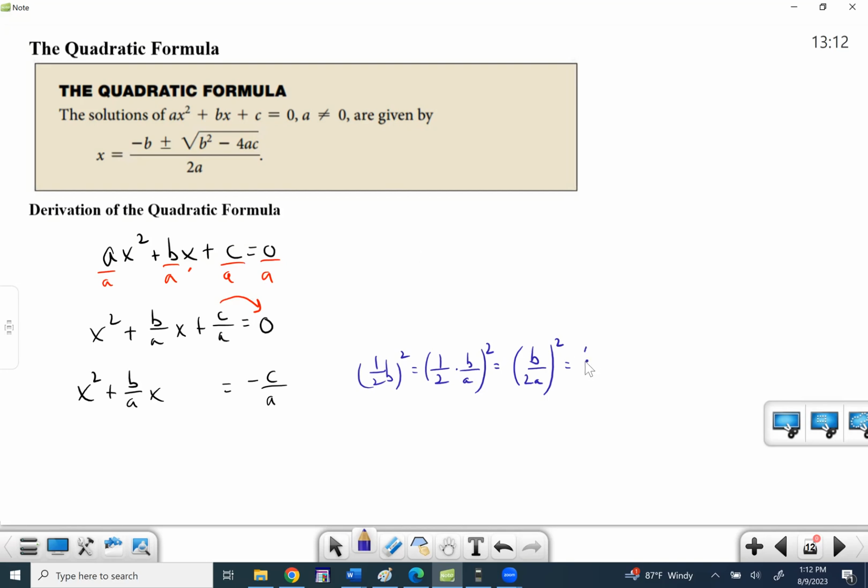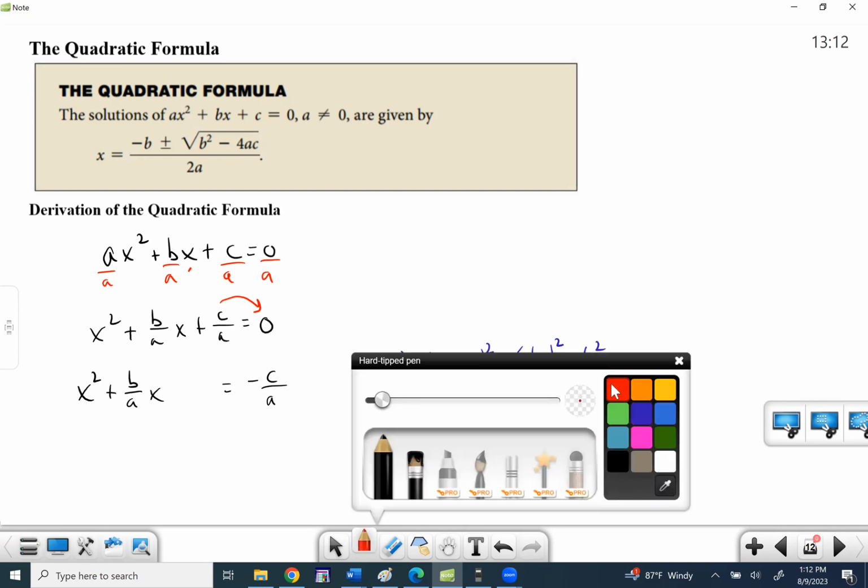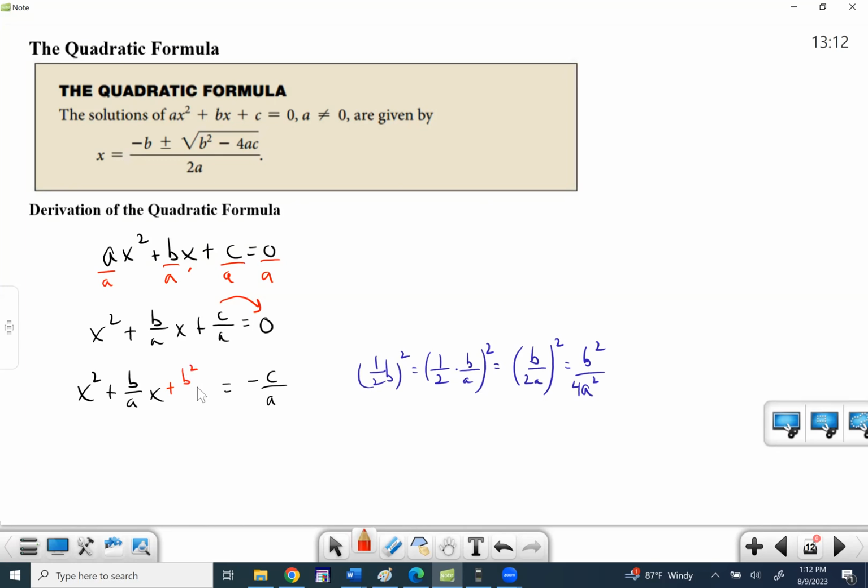So B times B is B squared. 2 times 2 is 4. A times A is A squared. So we've got that we're going to be adding to both sides of the equation. Whatever you do to one side of the equation, you have to do it to the other.